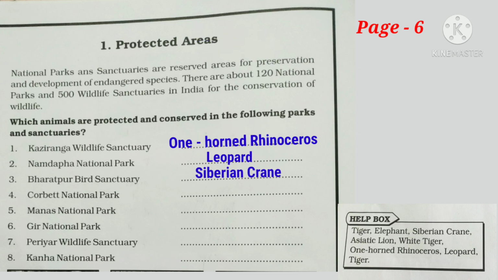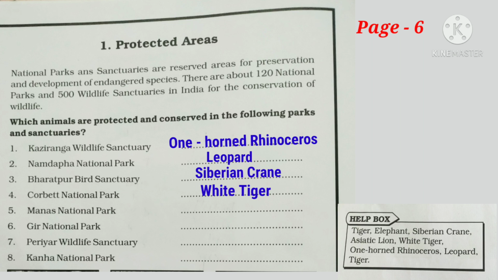Okay. The next one is Corbett National Park, and I hope you all remember that it is also known as Jim Corbett National Park. So, in this park, white tigers are protected and conserved. However, white tigers are no longer here, but it is famous for protecting and conserving white tigers.